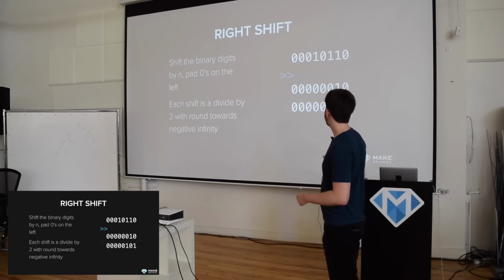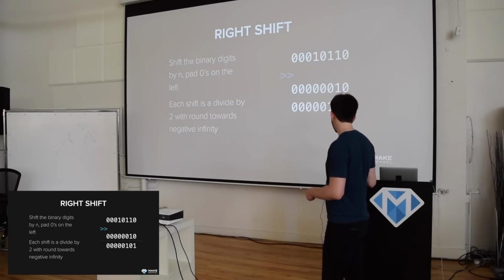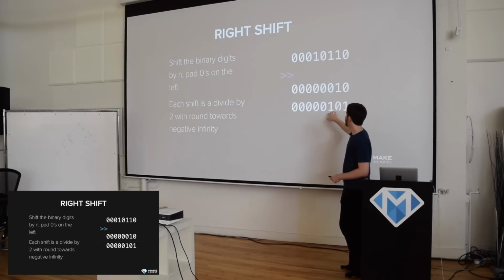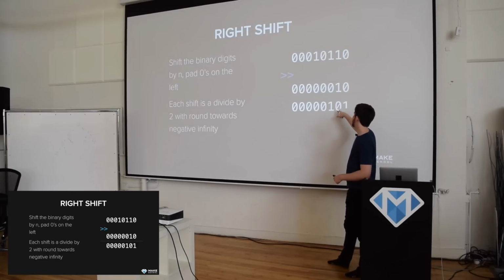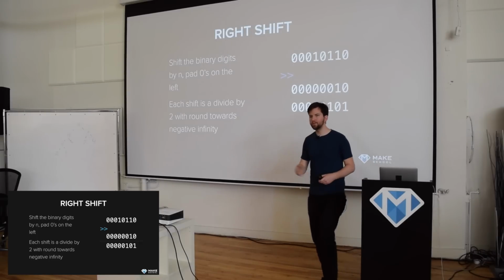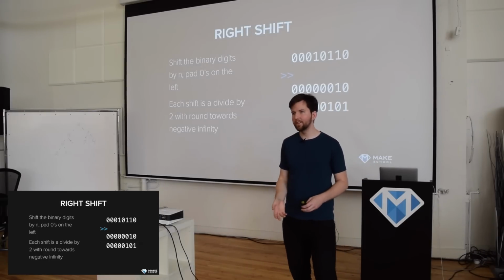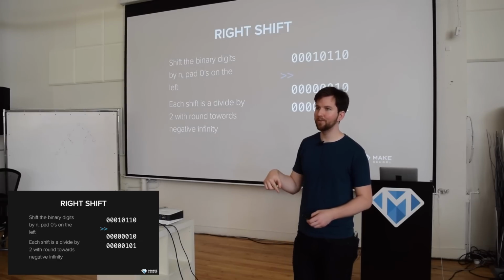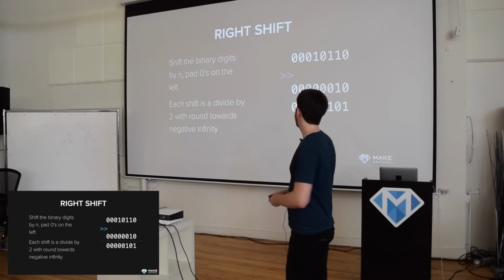The result is this, 0, 0, 0, 0, 0, 1, 0, 1. If we figure out the value, it's 1 plus 0 twos plus 1 four, so it's 5. So 22 divided by 2 is 11, divided by 2 is 5.5. Round it towards negative infinity, which in this case means rounding down, it becomes 5.